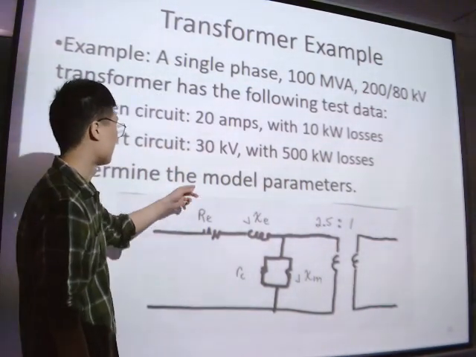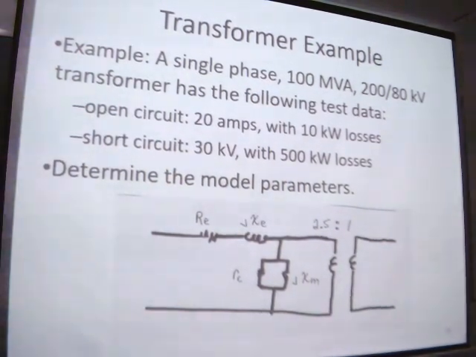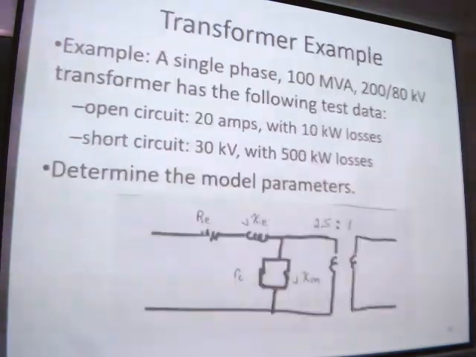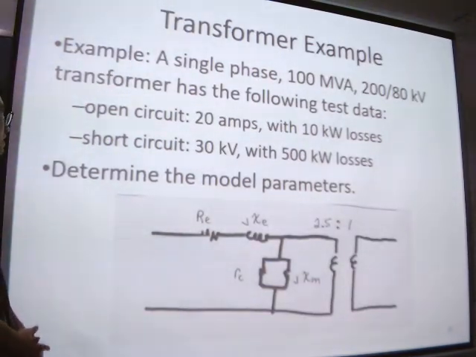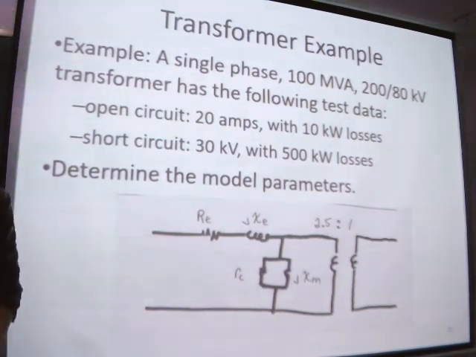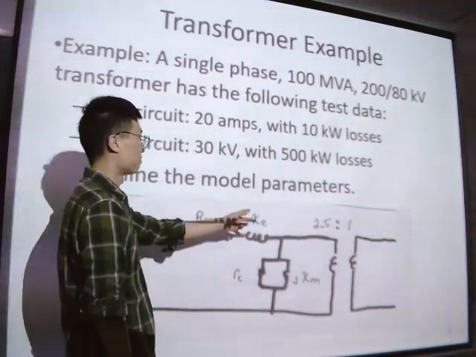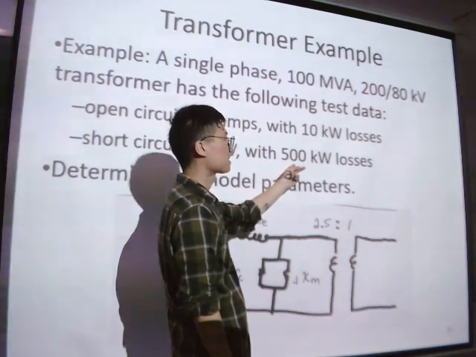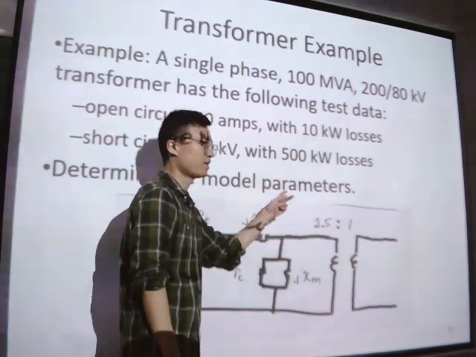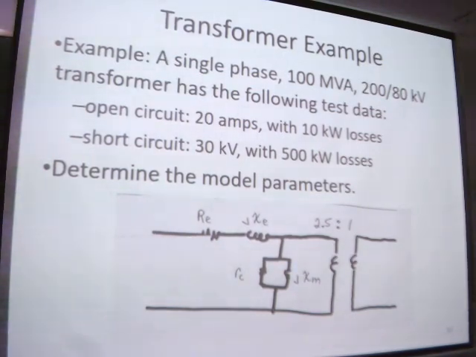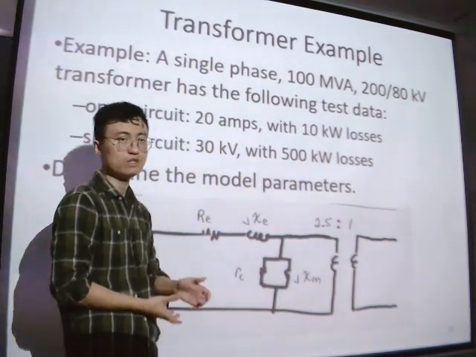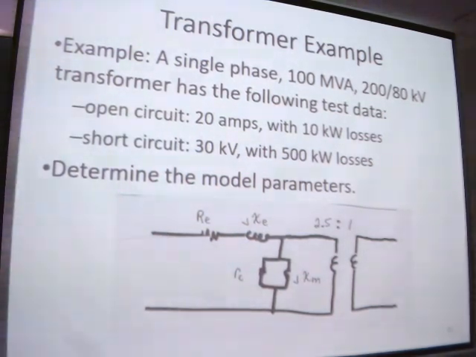So the voltage will be 30 kilowatt, with another maybe 4 or 5 times more losses compared with the open circuit. So we should calculate these 4 parameters. Okay.